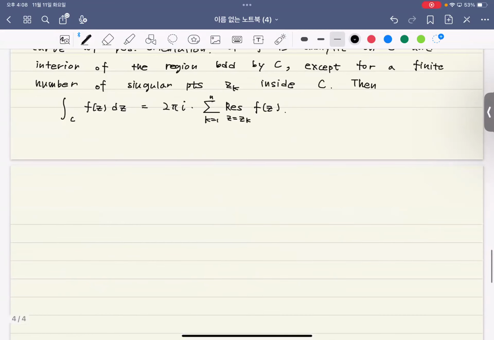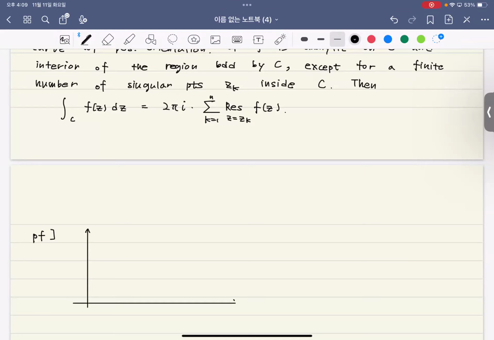So this is the Cauchy's residue theorem. Okay, so what is the proof of this? Well, it should not be horribly complicated. But first I want to draw the picture of this.